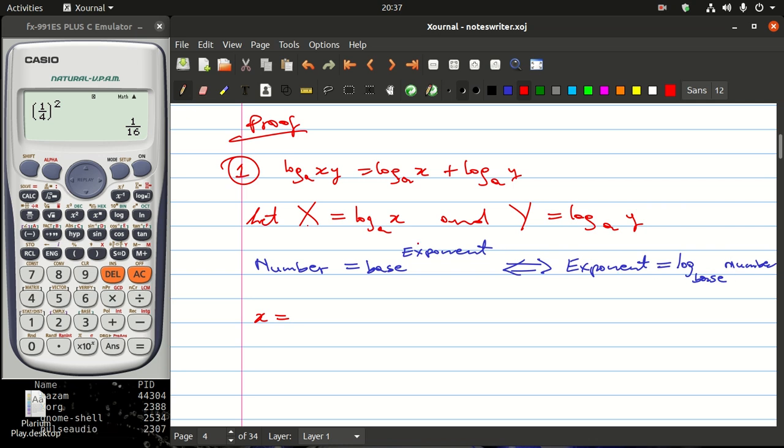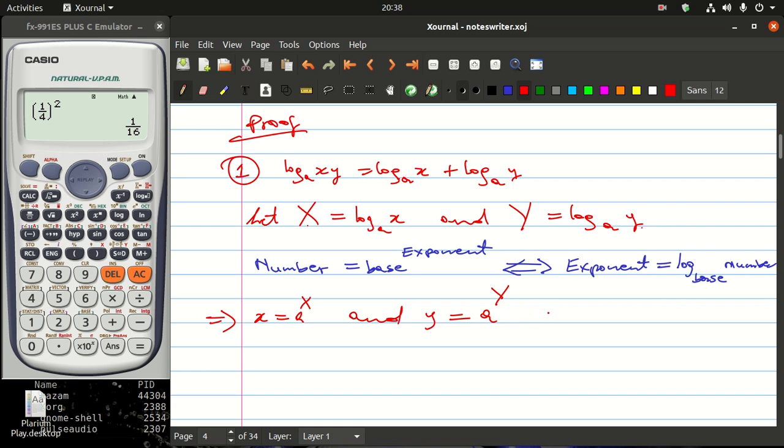So I'm gonna take the base a, I have a to the exponent, so this capital letter X is going to be the exponent, and this implies that. And if I look into this, y is going to be the base a raised to capital letter Y.